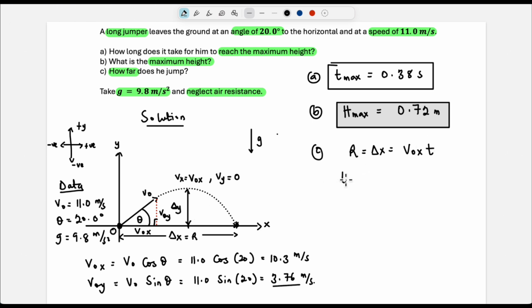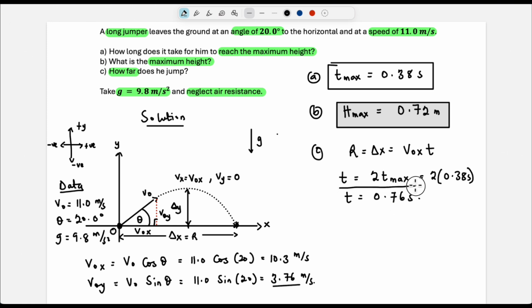So in that case, the time of flight t should be equal to 2 times the time it took the long jumper to get to the maximum height. So the time is 2 times 0.38 seconds, and that gives us the time equal to 0.76 seconds.